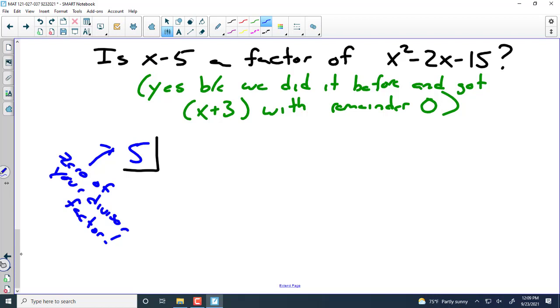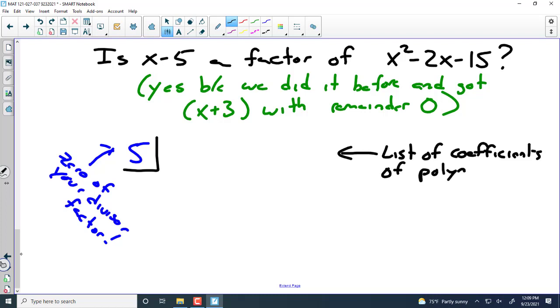Then next to it, in a row, you list the coefficients of the polynomial that you're dividing into in descending order. This polynomial is already written in descending order, which just means the powers get smaller as you go left to right.